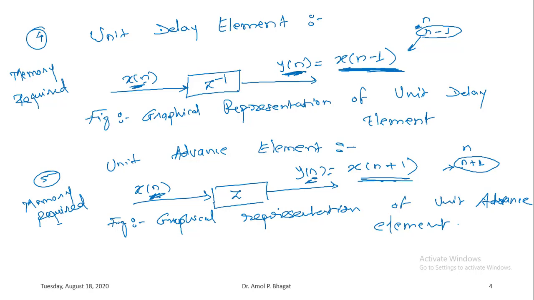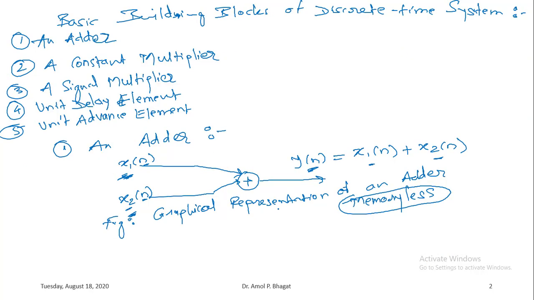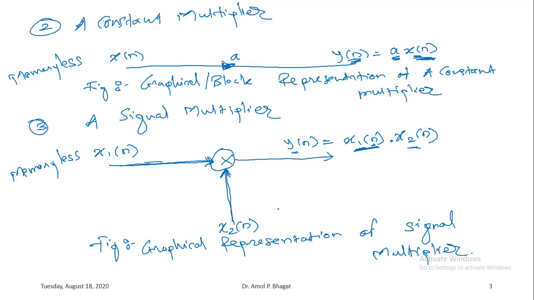So in today's session we have seen five basic building blocks which can be used to realize or to design a complex discrete time system. Which are those five basic building blocks? The first one was an adder, the second one a constant multiplier, the third one a signal multiplier. These three operations are memoryless. They don't require any memory because the output depends on the current inputs that you have applied to these blocks, right?